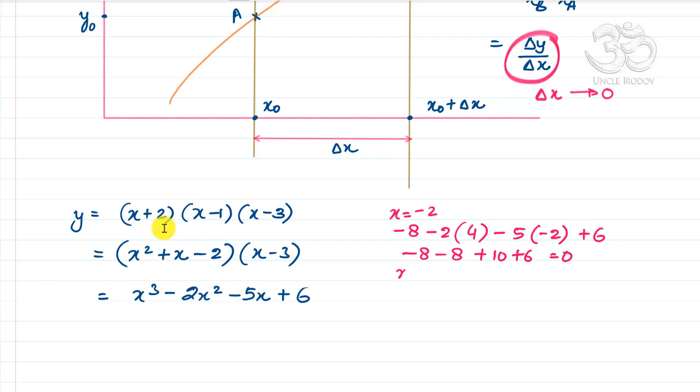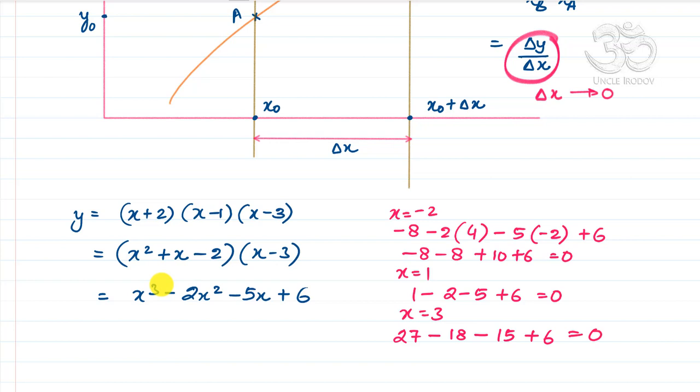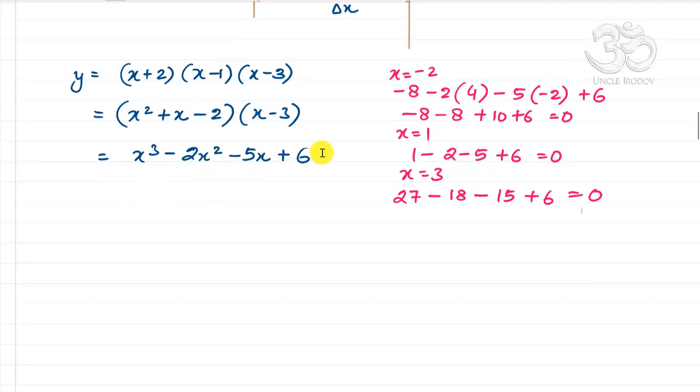In the same manner, if x is 1, on the right hand side, what do I get? 1 minus 2 minus 5 plus 6, which we know is 0. And if x is equal to 3, the first term will be 27, the second term will be 18, the third term will be minus 15, and then you will have plus 6. So 33, that gives you a 0. Yes, so we have done it right. So this is the equation of the curve.